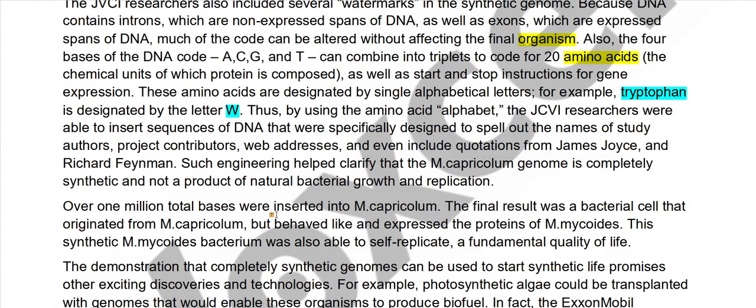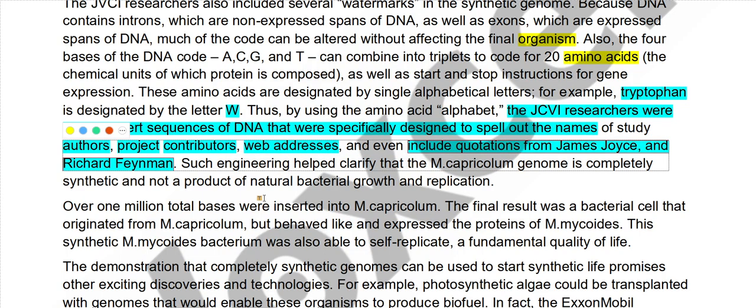So the question is saying we were teaching bacteria, but no, here they are saying the JCVI researchers were able to insert sequences of DNA that were specifically designed to spell out names. So these are the names: authors, project contributors, web addresses, and even quotations from these two people.